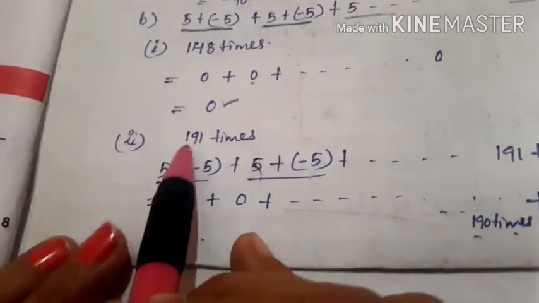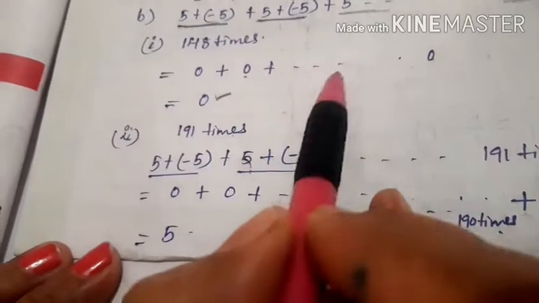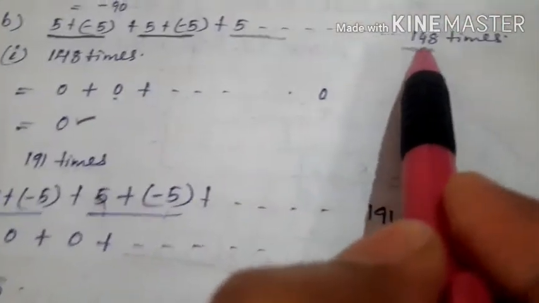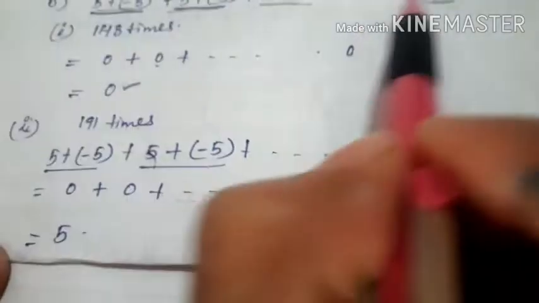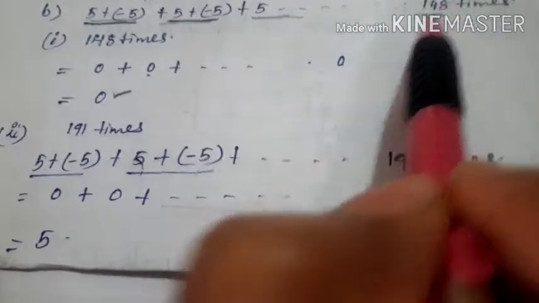If it is 191 times, it means here is an odd number. Okay, two two, that is, two two you will get 0, the last end will be the even times you will get.